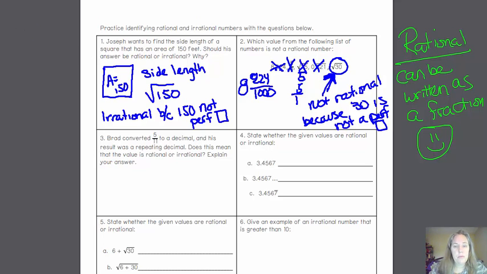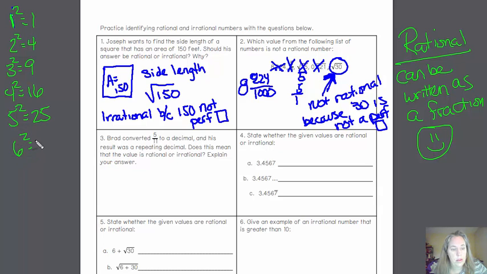If you're struggling with your perfect squares, it's not a bad idea to just make a list, so you can just refer to it. 3 squared equals 9, 4 squared equals 16, 5 squared equals 25, 6 squared 36, 7 squared 49, and you can look at that 30 and see if it's on your perfect squares list. Nope. So you know it's not a perfect square.